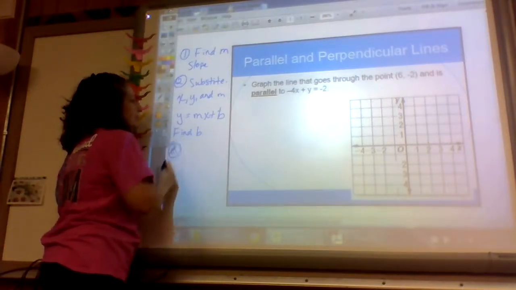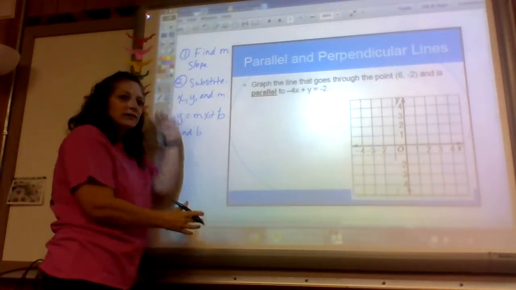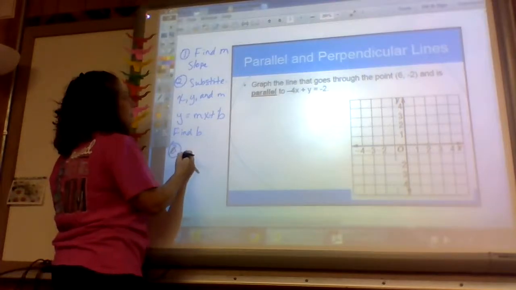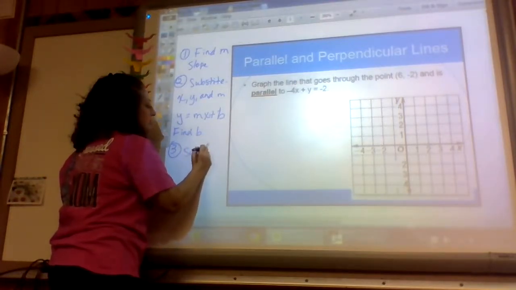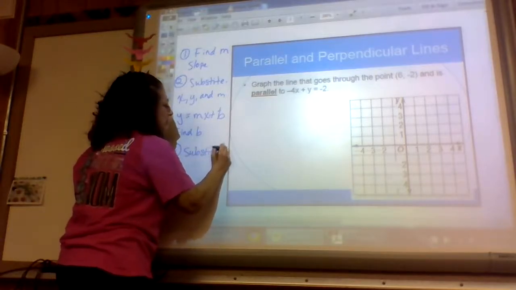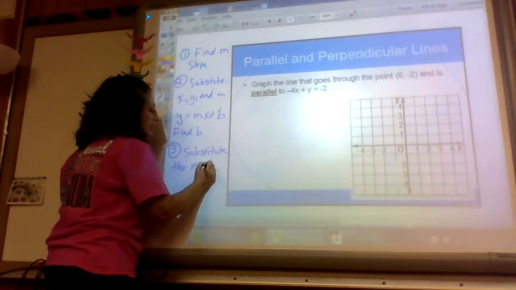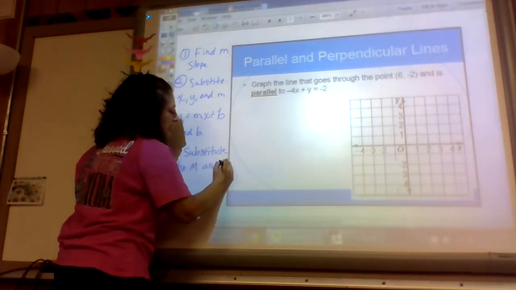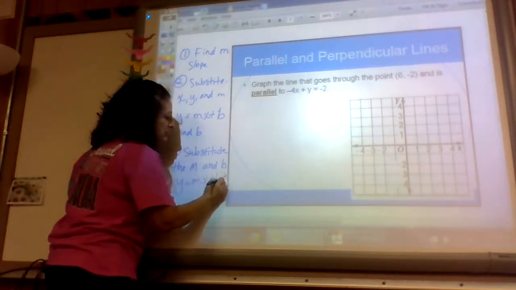Then the third step, again, for parallel, perpendicular, or just any equation of lines, these are your steps. The third step will be to substitute in the slope you found, m, and the intercept you found, b, into your y equals mx plus b equation.